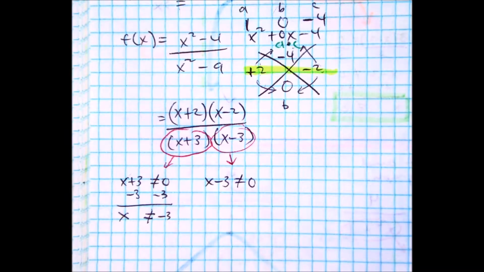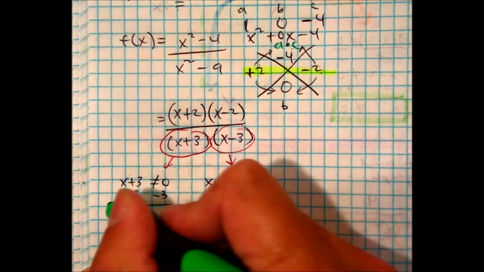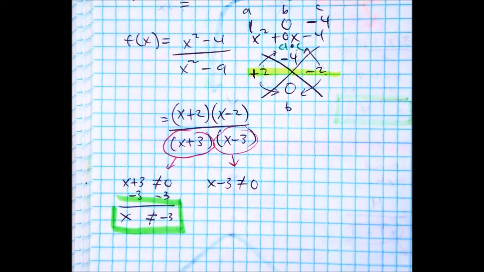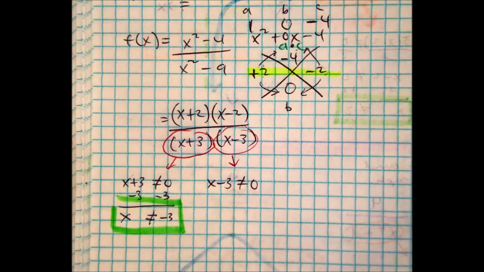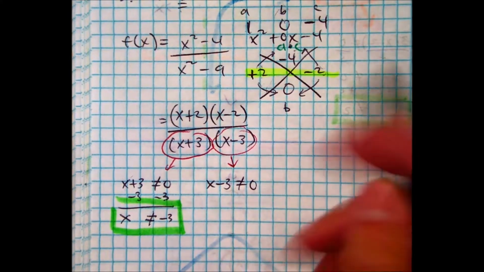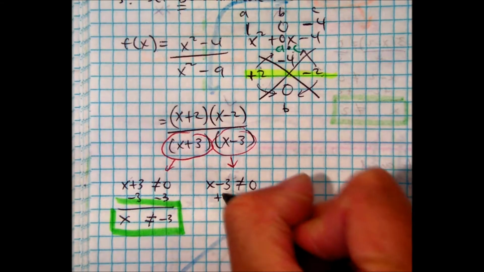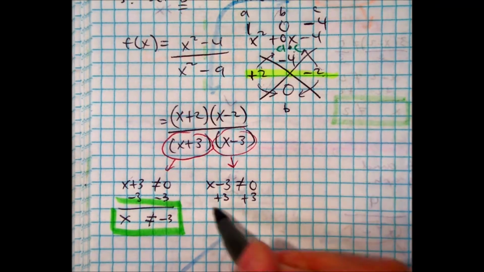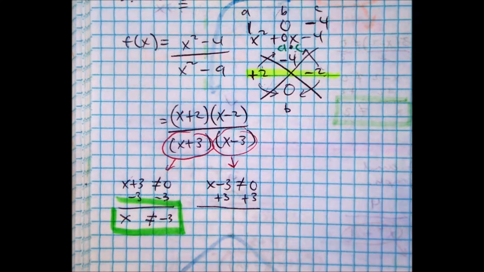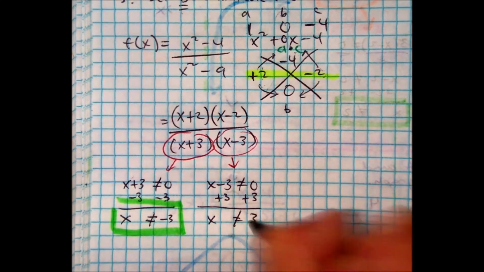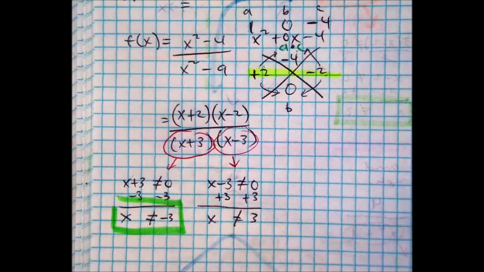Let me put that in a color. And class, if you do the same thing on this one, how do I get x by itself? Add 3. What's left? x is not equal to a positive 3. Let's pick a color.